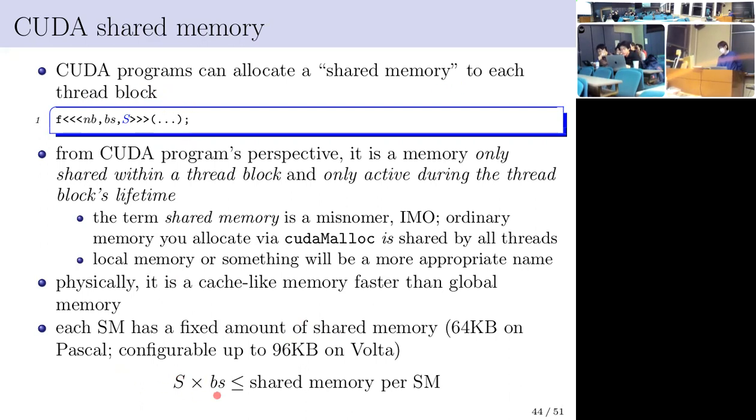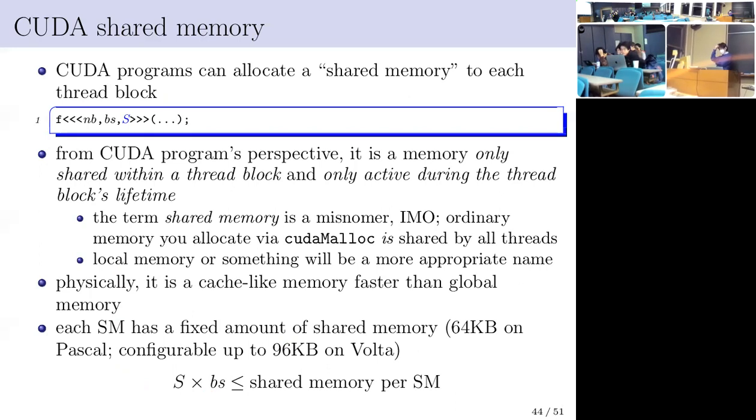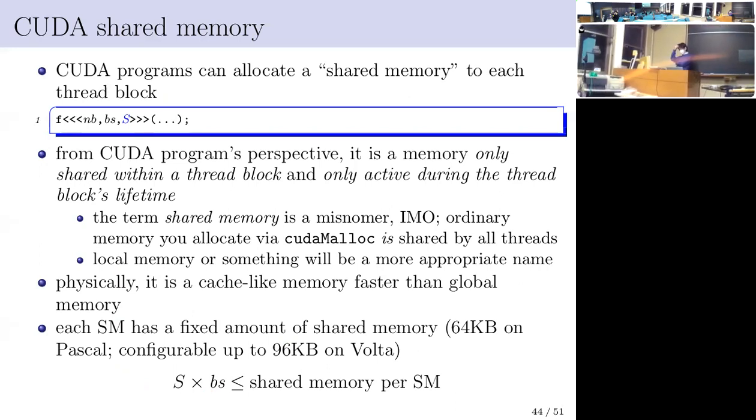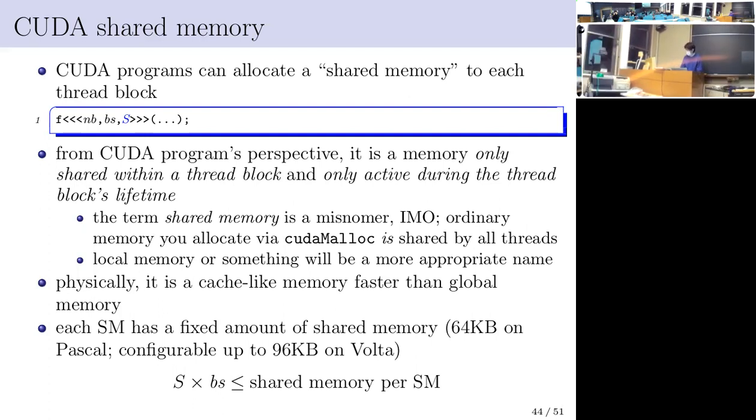So if you multiply it by block size, what am I doing? I don't know. Let me think about it again. I'll come to that later when I figure it out. Maybe I'm making a slip here.